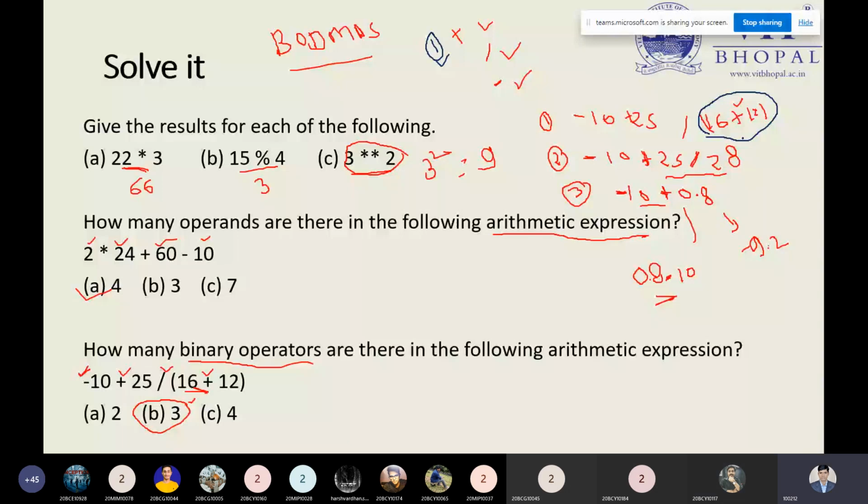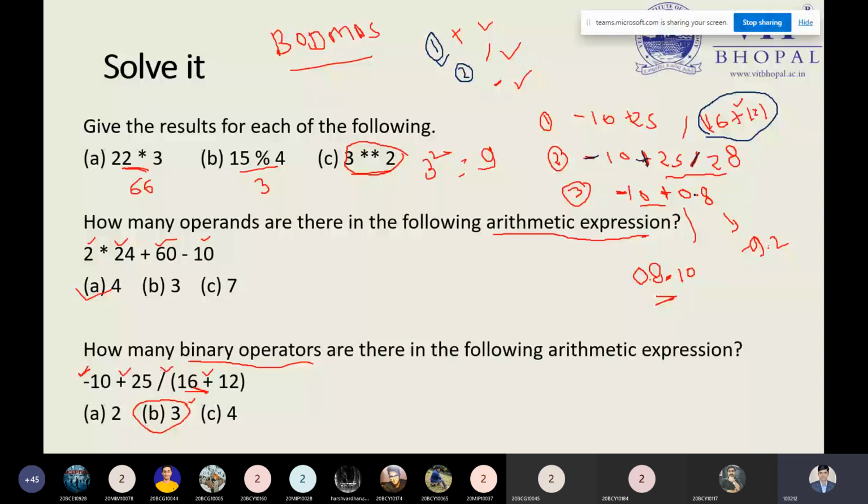And now we have the minus, then we have the addition, then we have the division. So according to the BODMAS principle, we have to evaluate 25 divided by 28. So the operator required is division. So we have the second operator. Now is it clear to all? Yes, sir.